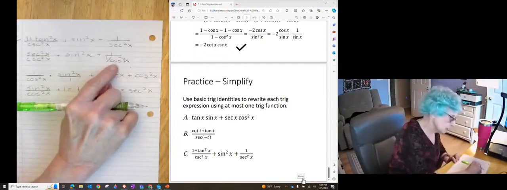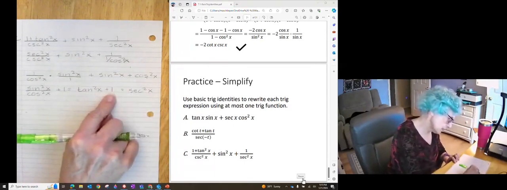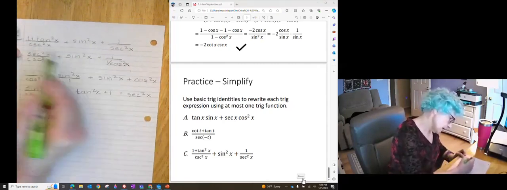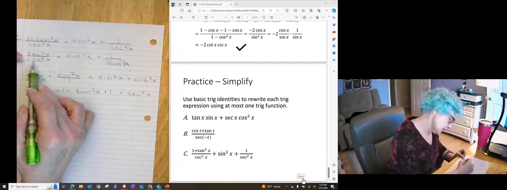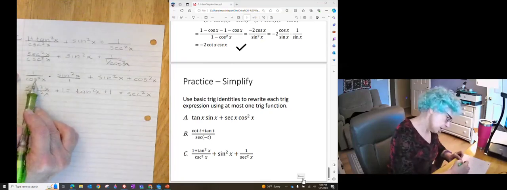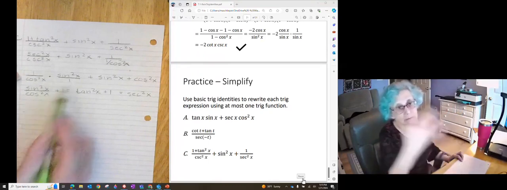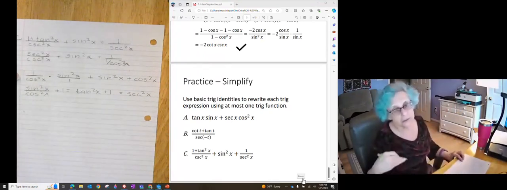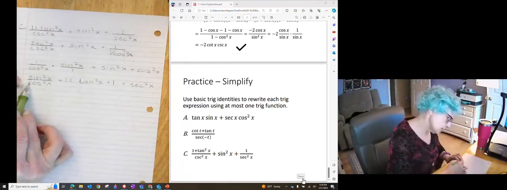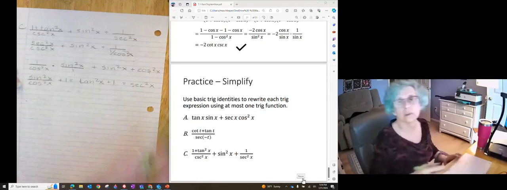And then 1 over gives you cosine squared. Sine squared plus cosine squared is 1. And let's see, I had secant squared over cosecant squared is 1 over cosine times sine squared over 1, because it's 1 over cosine divided by 1 over sine squared. So that became just sine over cosine squared, which is tangent squared, plus 1, which is secant squared.